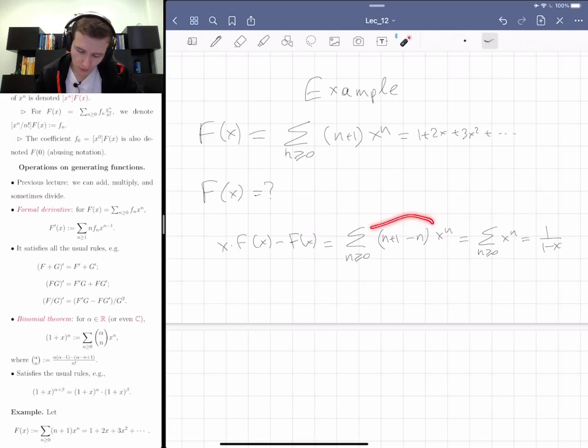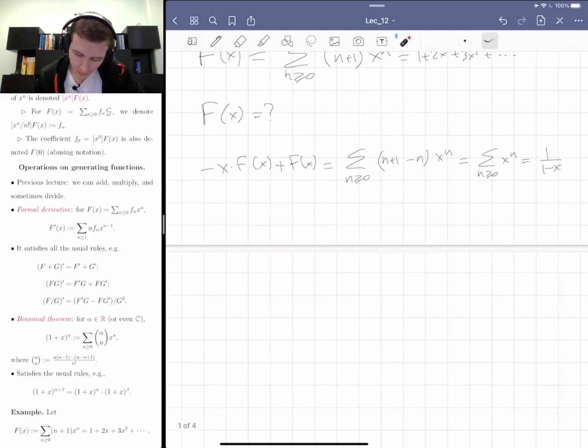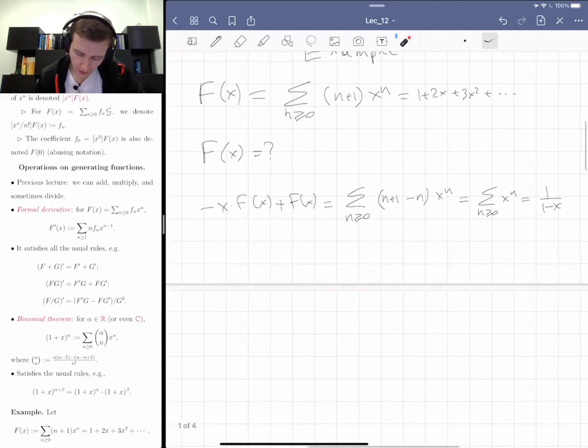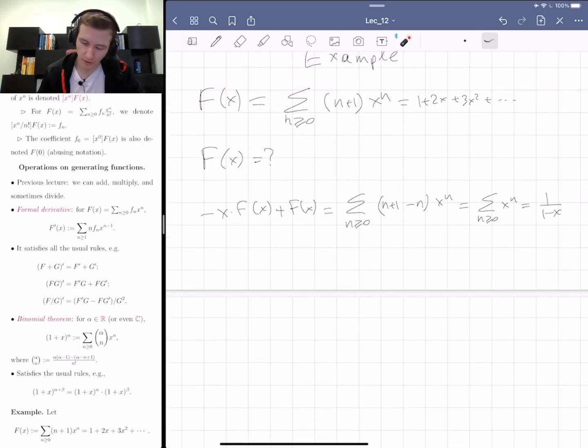To get this expression, you have to negate the expression on the left, because n plus 1 times x to the n is the coefficient of f of x. So you have to take f of x minus x times f of x, which gives you minus n x to the... no, wait, what? Okay, algebra is hard. No, I think this is correct. Anyways, the point is that f of x is just equal to 1 over 1 minus x squared.